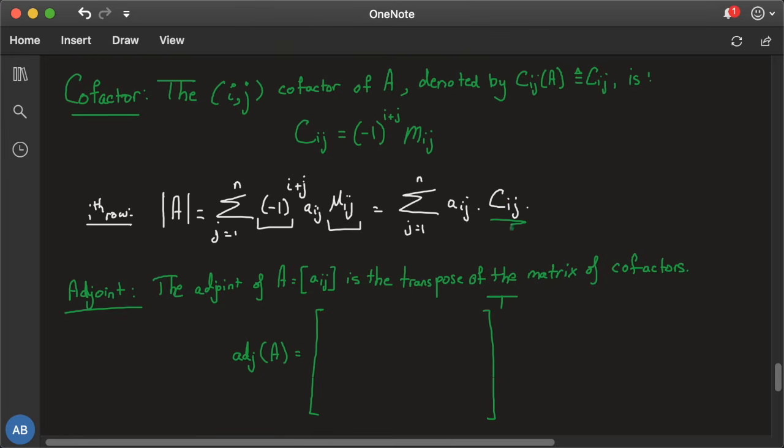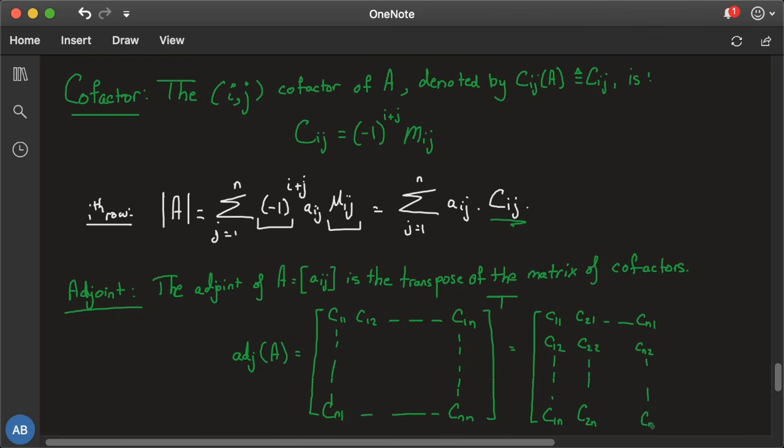I'll stack them in a matrix, C11, C12, down till C1n, and so on down to Cn1 till Cnn, and then apply the transpose. You will see C11, C21 till Cn1, C12, C22 till Cn2, and C1n, C2n down till Cnn.